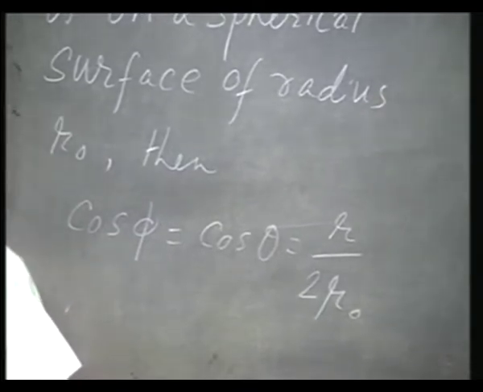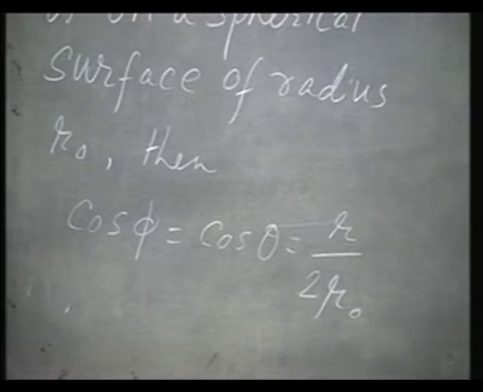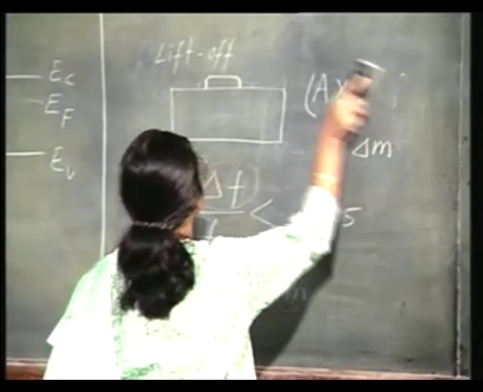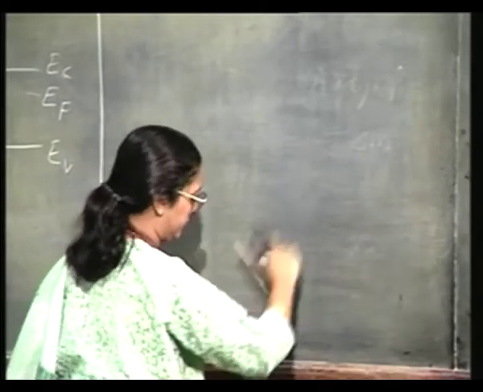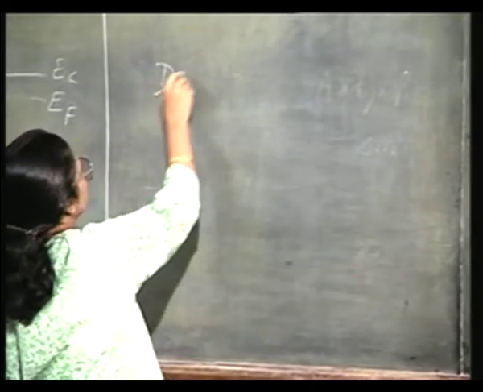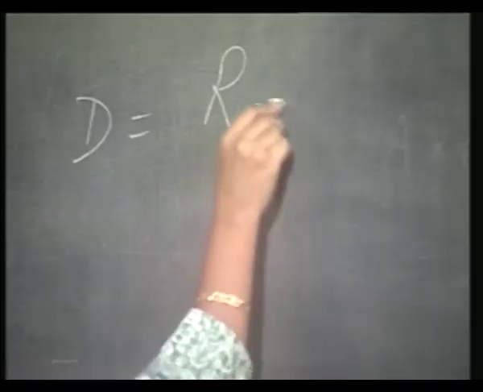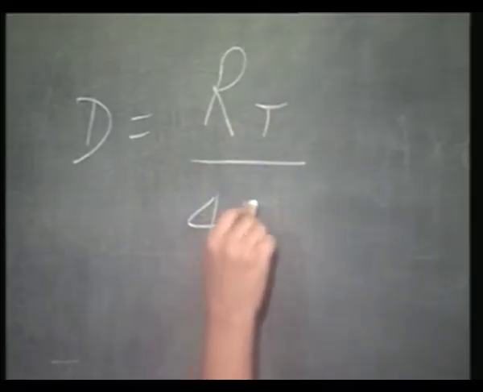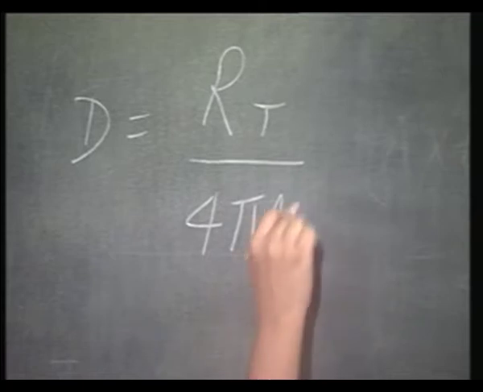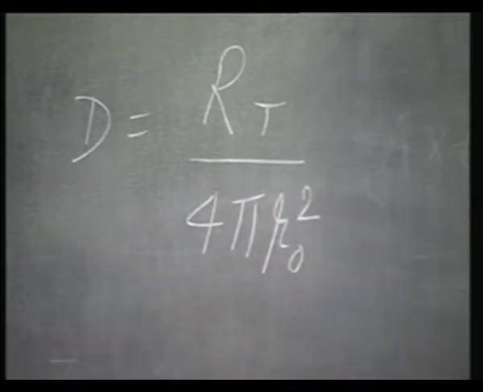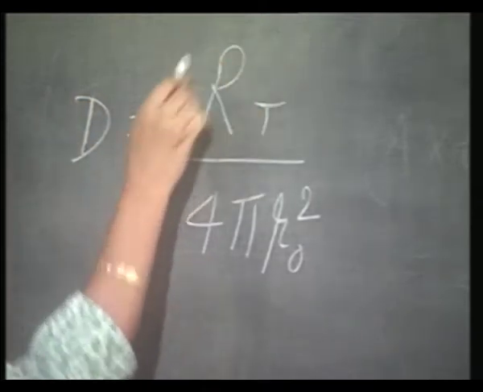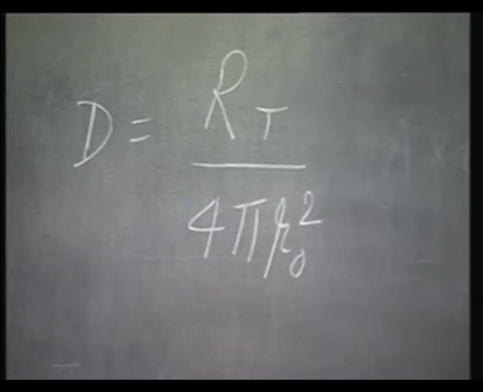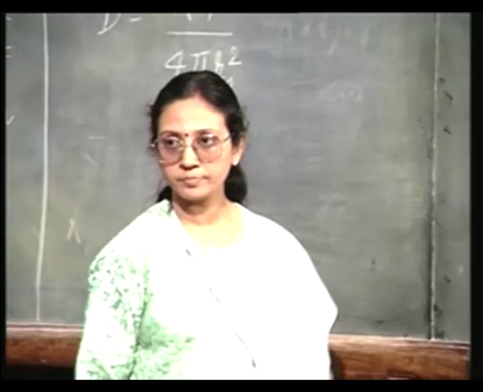So, in that case the total deposition will be given by total material loss divided by 4 pi r0 square.